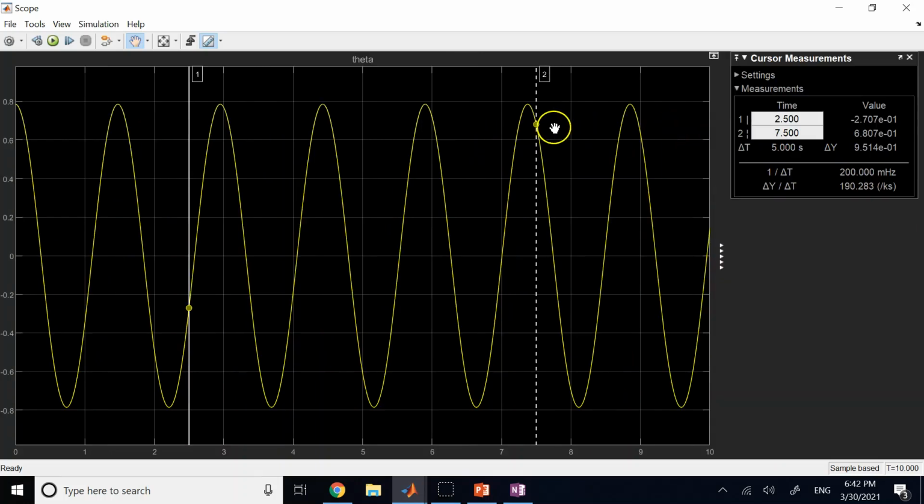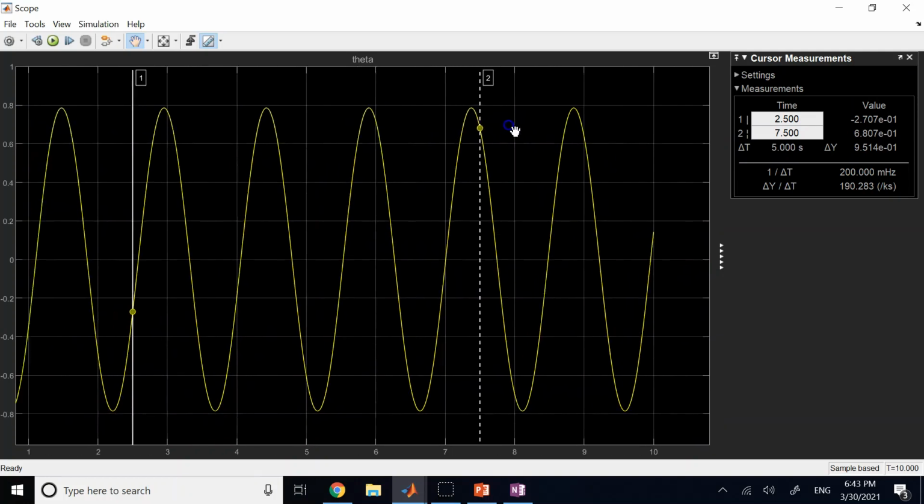So right now you see I have a window, and the first point is at 2.5, the second one is 7.5, and the value at 2.5 is -0.27, and at 7.5 is 0.68.